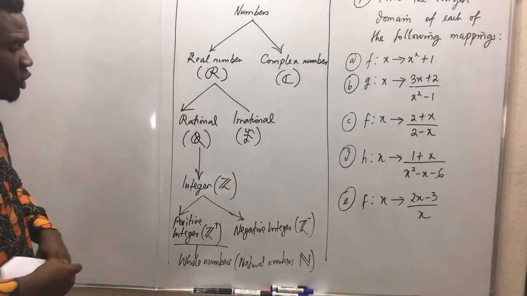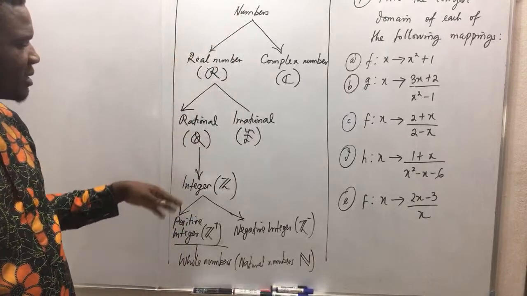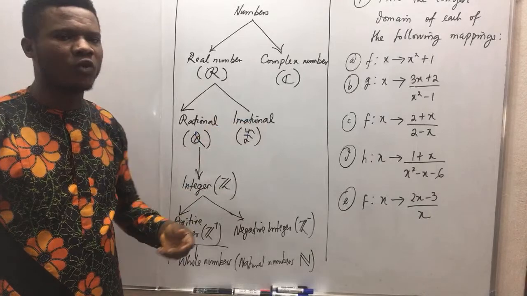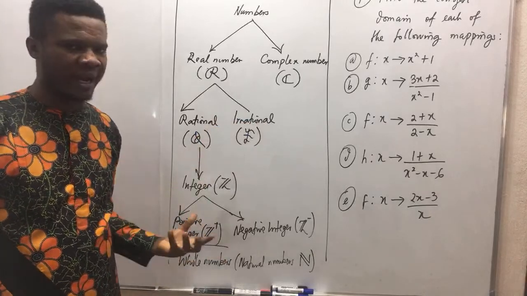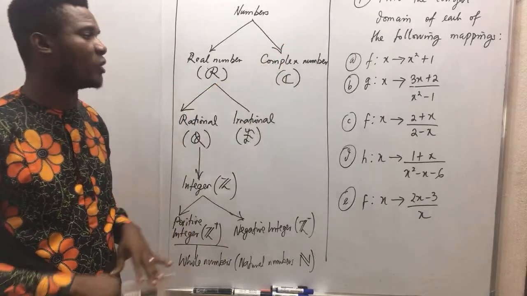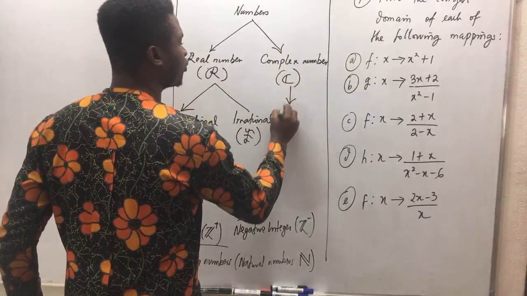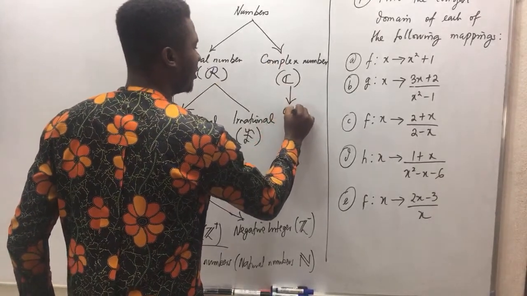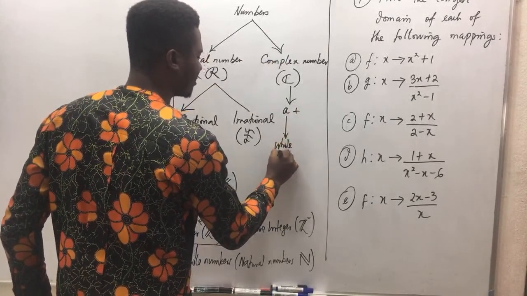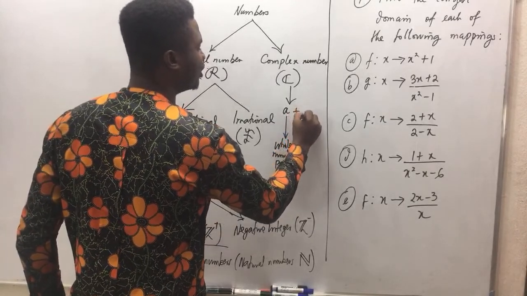This is just a quick diagrammatic structure of numbers. I'm not going to dwell on irrational numbers, because when numbers are irrational, they could be transcendental or algebraic. And I'm not going to dwell on complex numbers, because when a number is complex, please take note, it means that it is made up of two parts. A part A, called the whole number part, and a part B, called the imaginary part.